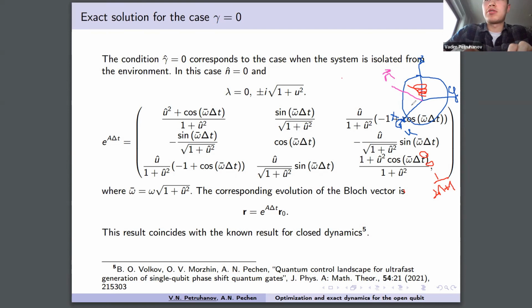So we have rotation along this axis. It has 0 y coordinate and has non-zero nx and nz.